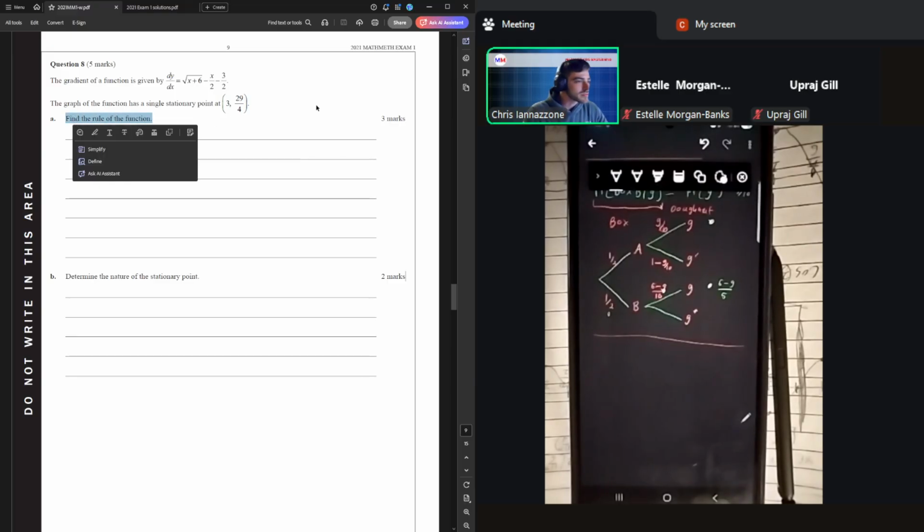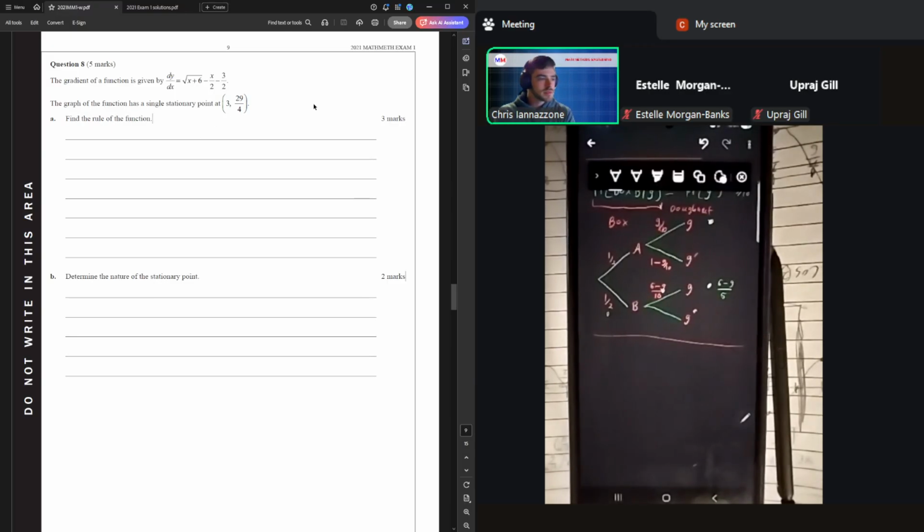That is sufficient information to then find the rule of the function. That being like the original, right? You've got the original function, you've got the derivative. So you've got to figure out how we get from derivative to original.